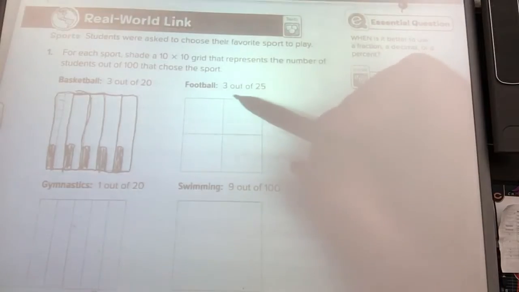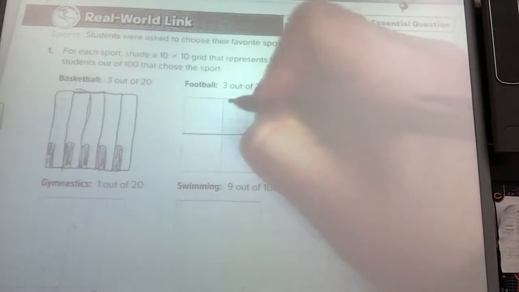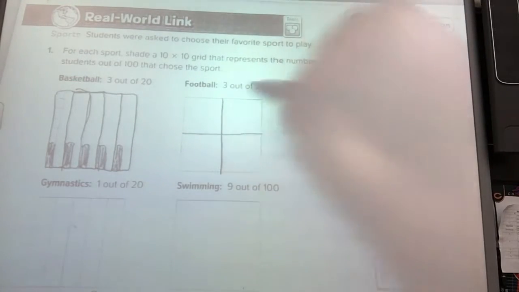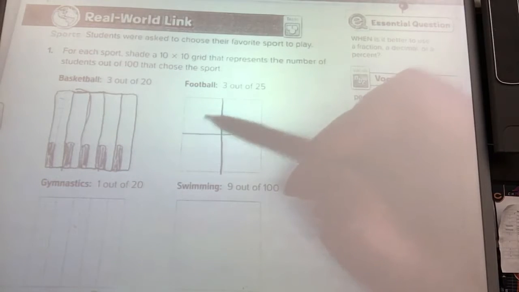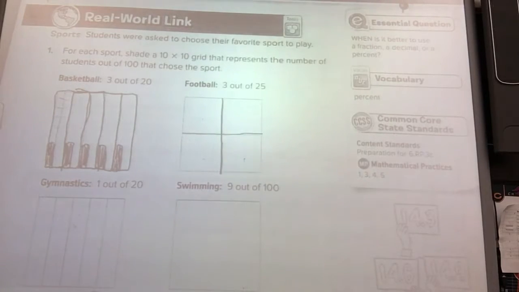For football, 3 out of 25. Here they have it set up in nice squares, and since this whole thing is 100, each one is 25, because 25, 50, 75, 100. And 3 out of every 25 like football.